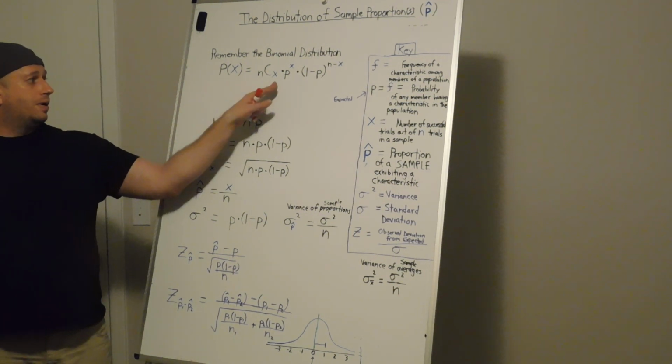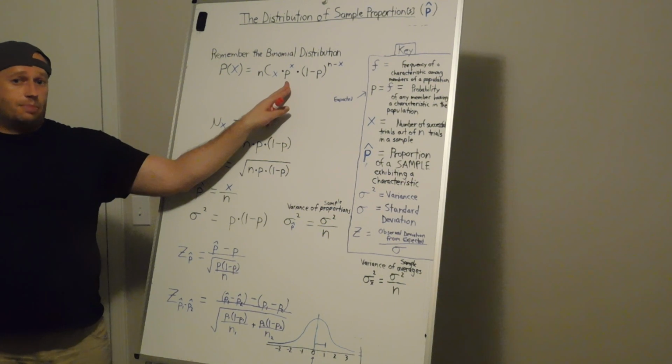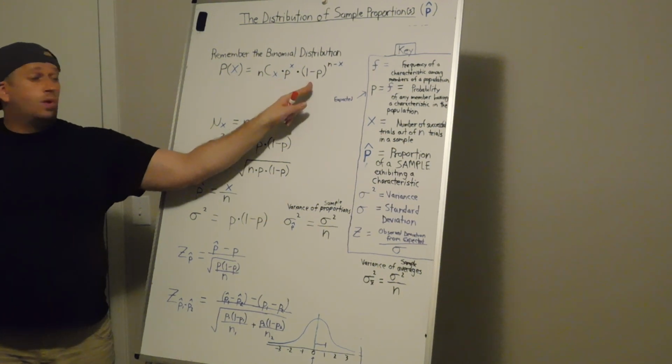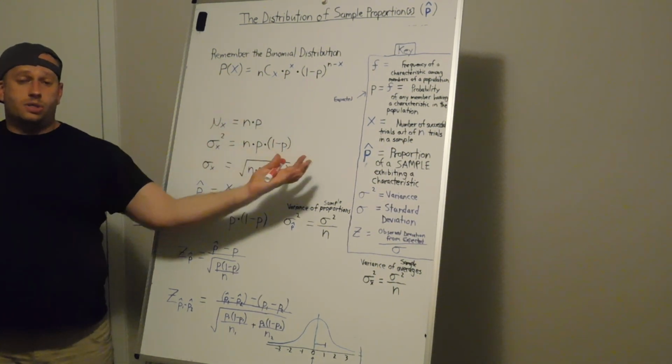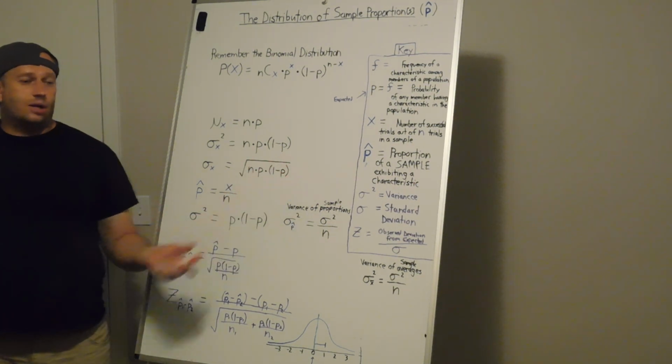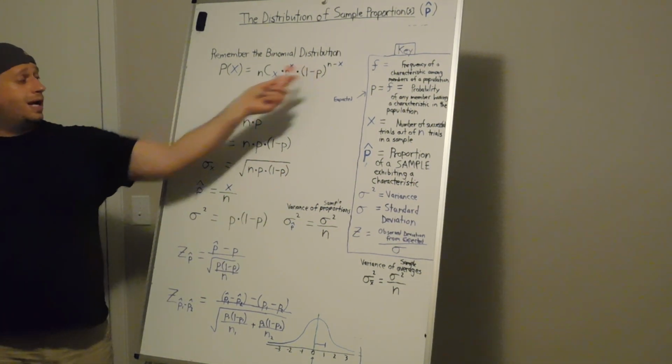So if you were thinking about p to the x as that proportion, all those values that are giving you a success, what you're looking for, and then 1 minus p as the other proportion or fraction that are not exhibiting that characteristic, you could still think about it in this way.